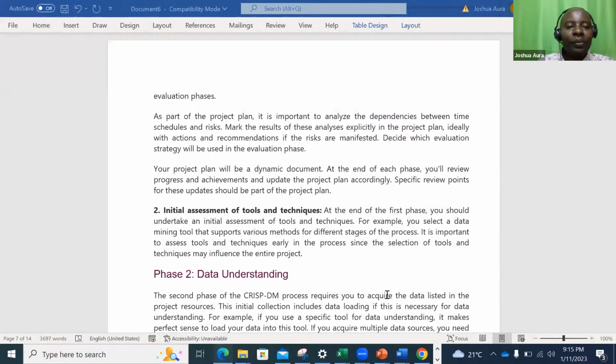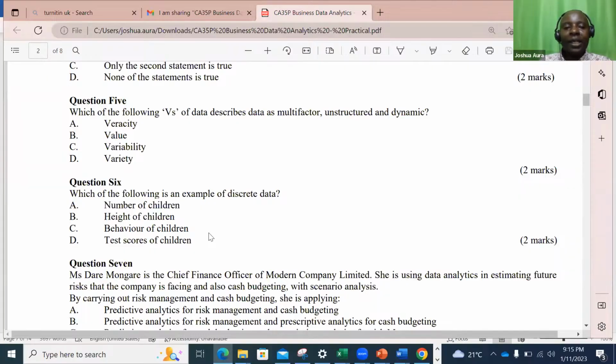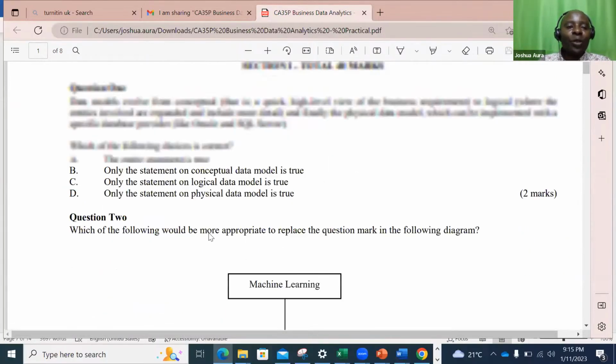How is it tested? Like there is theory and practical. So this is how it is tested. Like now, this is last semester's paper. It has two sections.